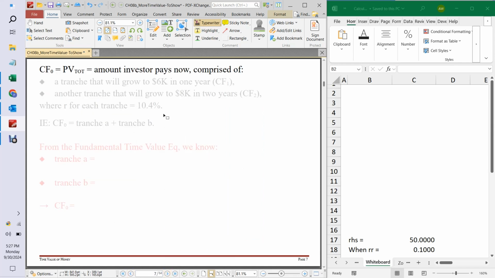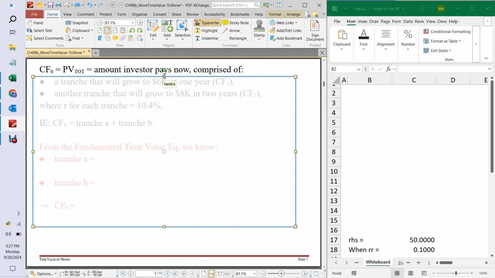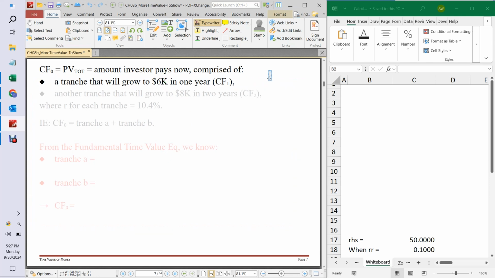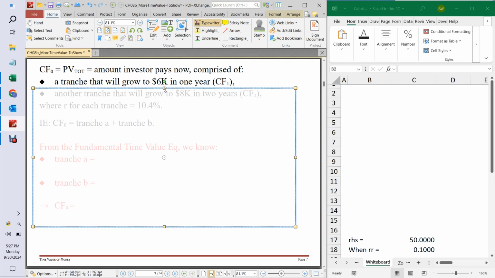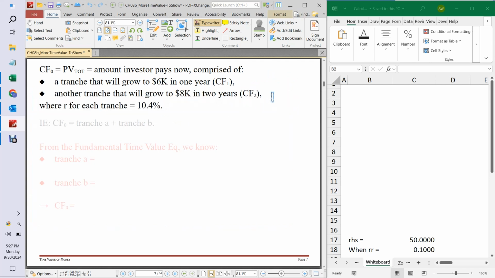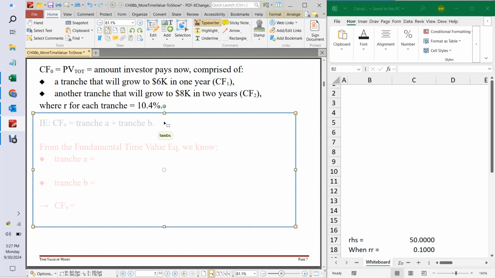And the CF0, again, is what she pays now, but we can think of that like this. Part of what she pays right now is a blob or a tranche that is going to grow to $6,000 in a year, and another portion of what she puts in at t=0, or another tranche, is going to grow to $8,000 in 2 years, and the interest rate for each tranche or each blob is 10.4%.